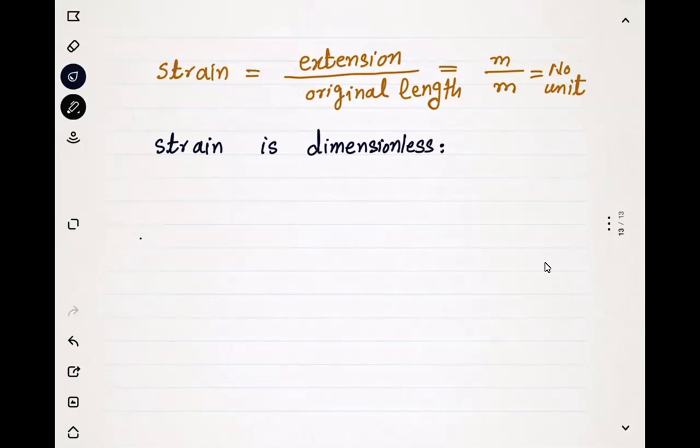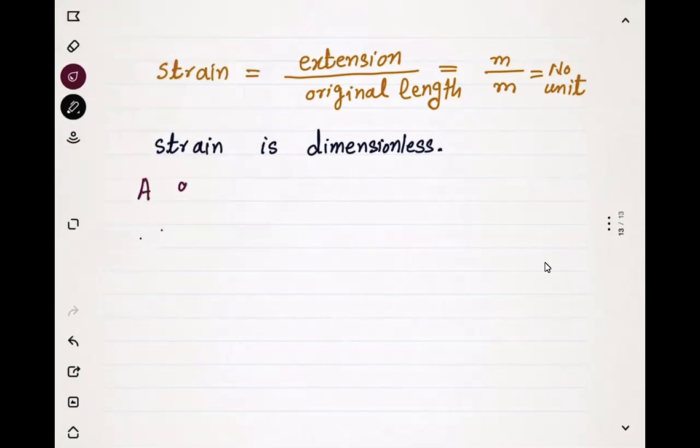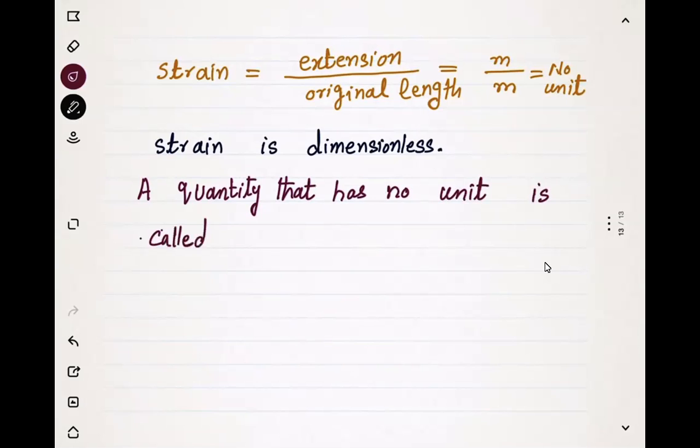What is meant by dimensionless? Dimensionless means we'll say that a quantity that has no unit is called dimensionless.